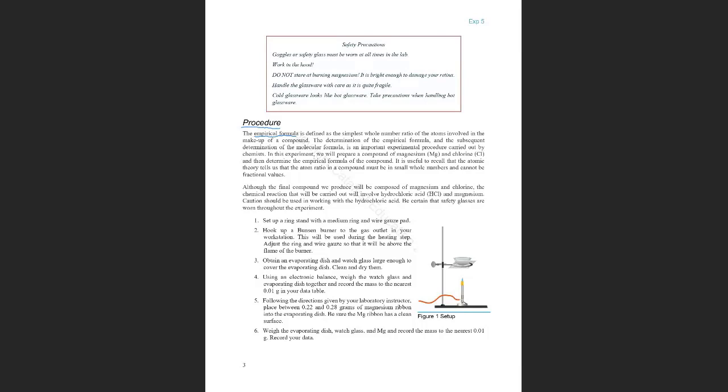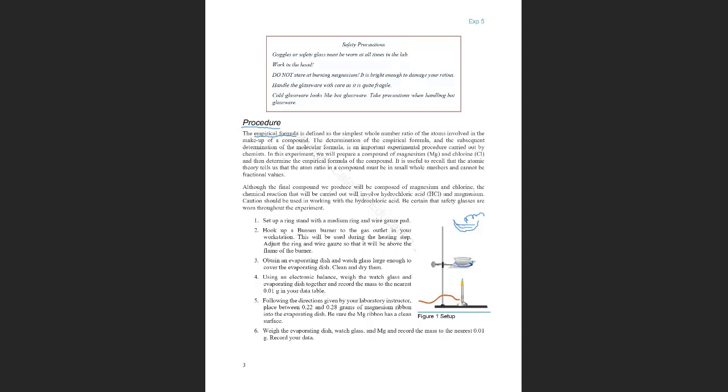What you see here is called an evaporating dish. This is from porcelain. Unfortunately, you cannot have it or touch it, but if you do CHEM 2 in the lab, you will have an opportunity to see it. So you are going to take an evaporating dish, and you are going to place a piece of magnesium.